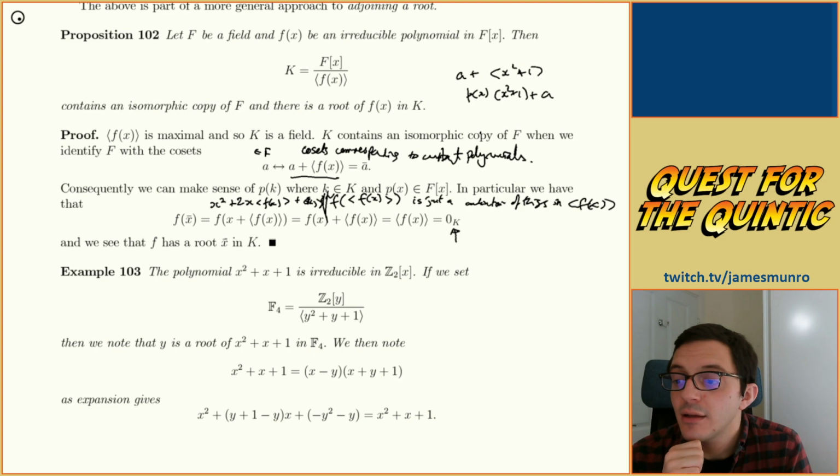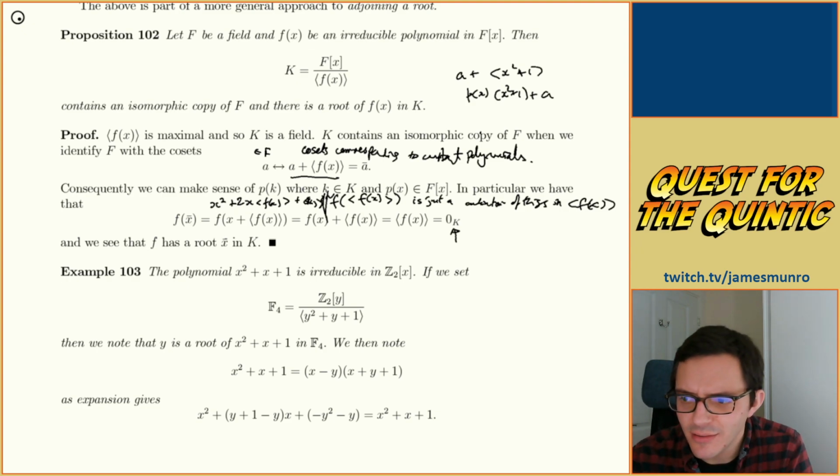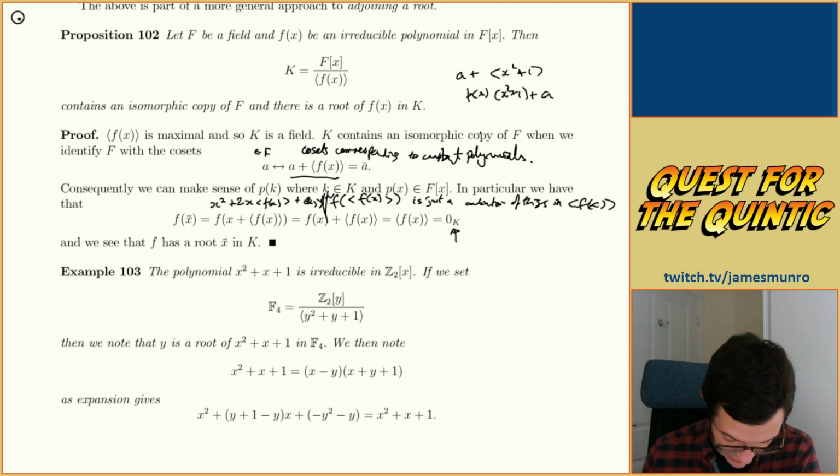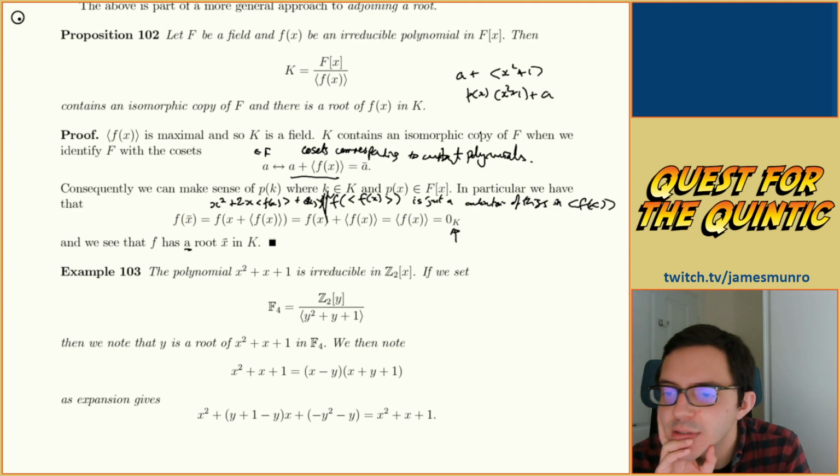That means that f of x bar is just 0, like for anything? Why are we saying a root? I can't see what it matters what x bar is.